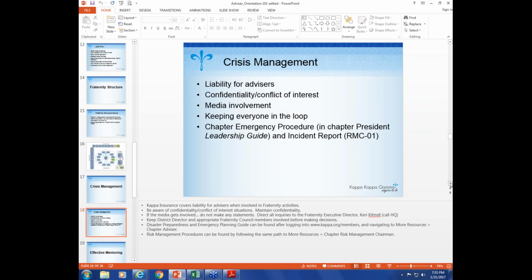And under the risk management chairman's leadership guide, there's all of the risk management procedures that you need to follow. So all advisors should be aware of those. Even if you don't know them very well, you at least know where to go to find the information when you need it.